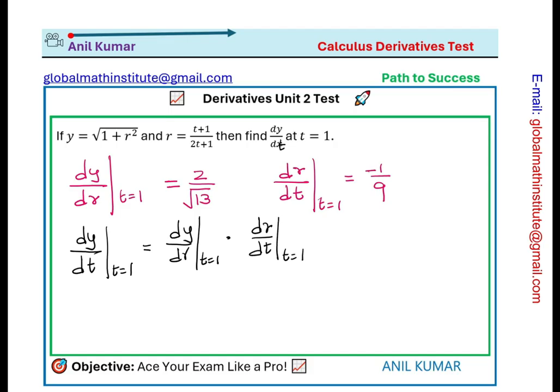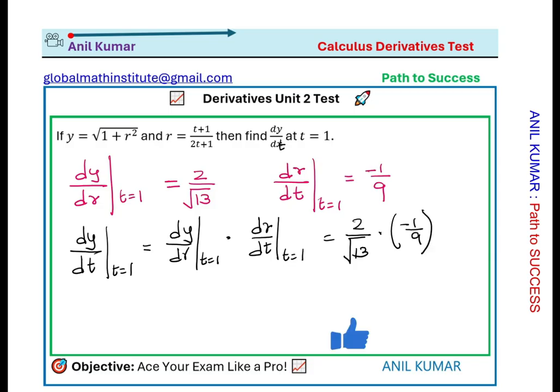Okay? So we have 2 over square root 13 times minus 1 over 9. So our answer is minus 2 over 9 square root 13.